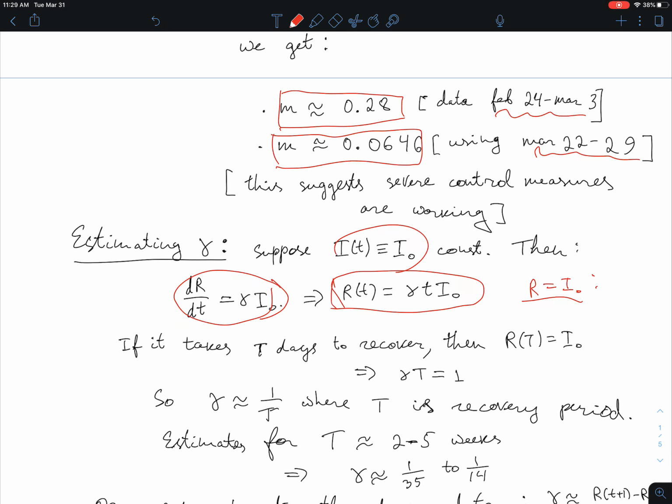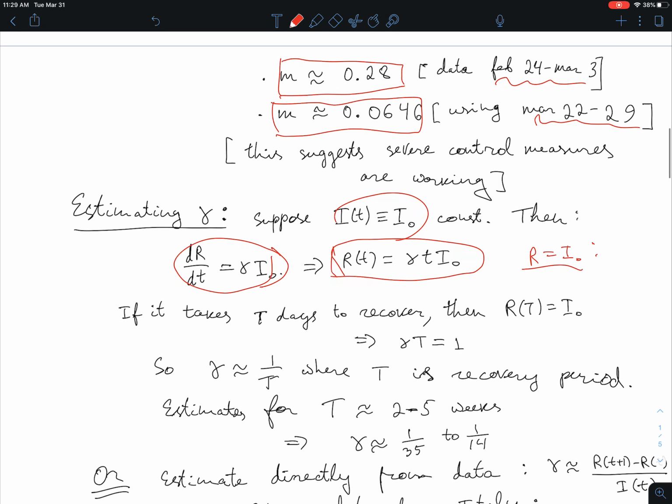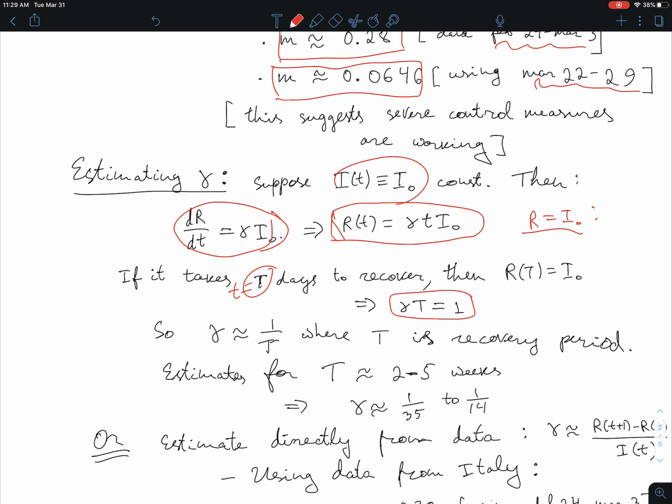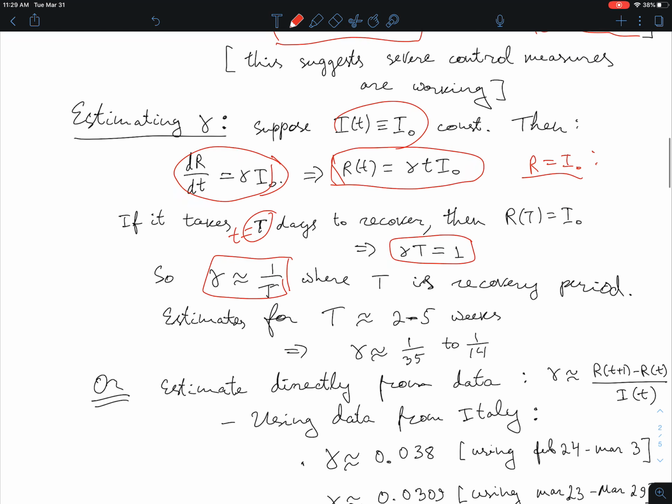then I can solve for gamma. So at time capital T, when R is equal to I, you get gamma times capital T equal to 1. So essentially gamma is approximately 1 over T, where T is the recovery period. Now from the data from China in particular, there are various estimates as to how long on average it takes a person to recover.